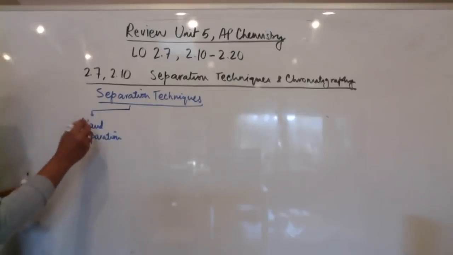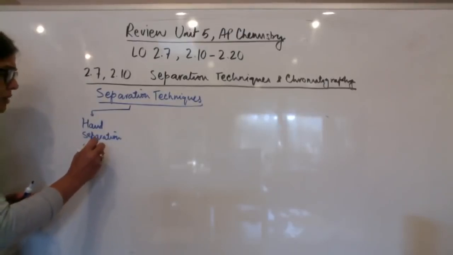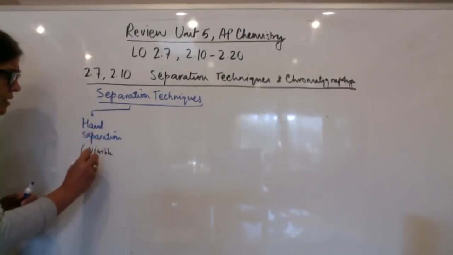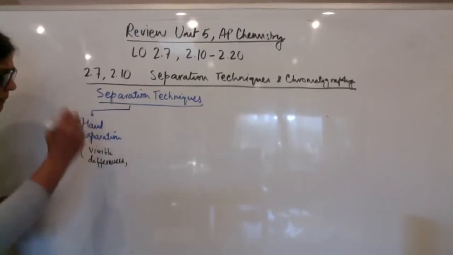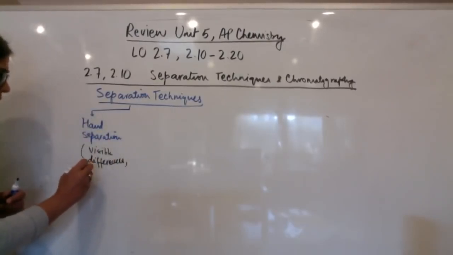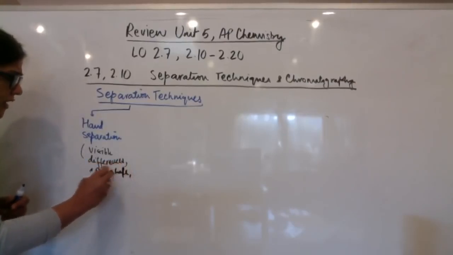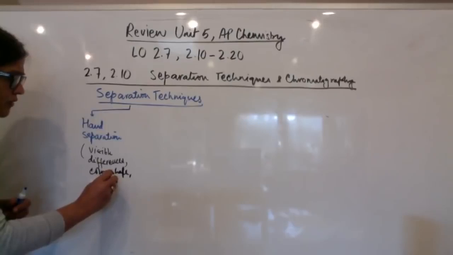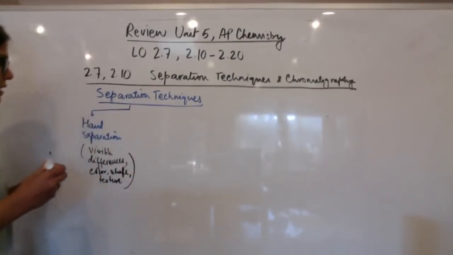What is needed for hand separation is visible differences, because our eye needs to be able to see it. And they should be either in color or shape or texture. And then we use a very special tool, our hand, to separate it. So that is hand separation.